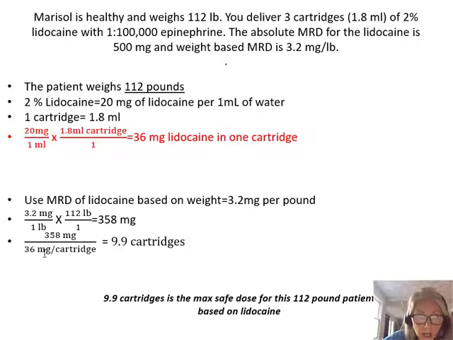Milligrams cross off, and we end up with 9.9 cartridges. So 9.9 cartridges is the maximum safe or recommended dose for this 112-pound patient based solely on lidocaine. But if we go back up here, we can see that there's another drug in that cartridge, epinephrine. So now we have to calculate that.